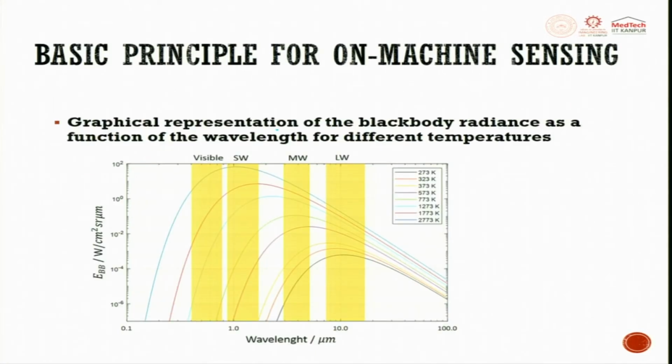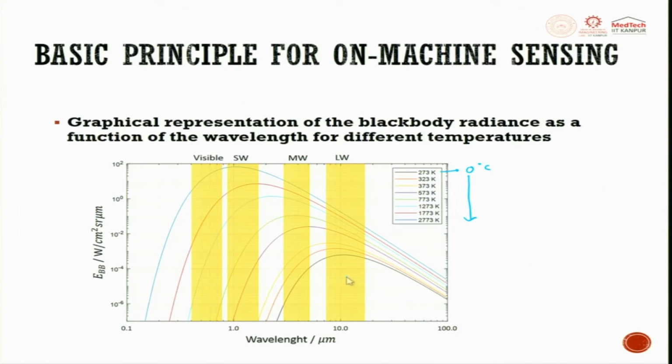The graphical representation of black body radiance as a function of wavelength for different temperatures is already plotted. Here you can see from 0 degree Celsius, going down to 2773 Kelvin, the wavelength and the emissivity.